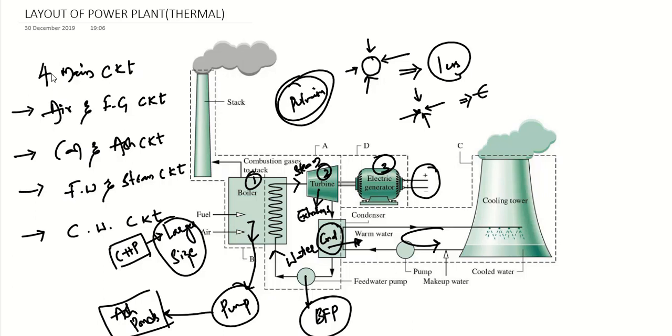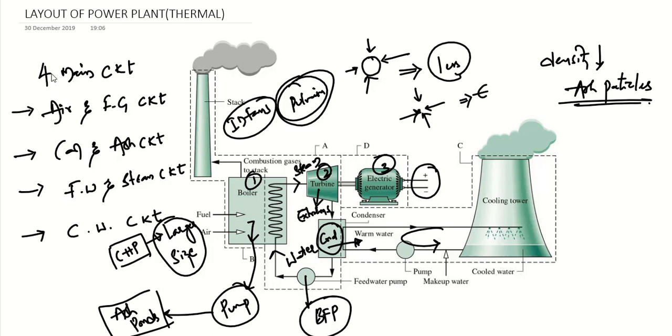The air after combustion will form flue gas, which consists of low density ash particles, and it is removed through the ID fan into the atmosphere via the stack.